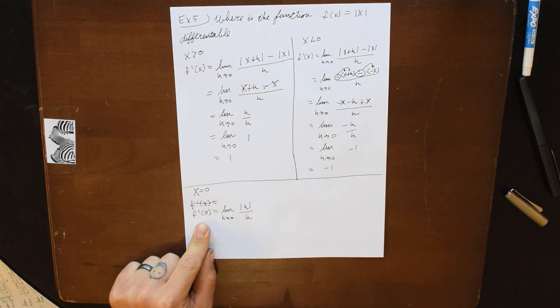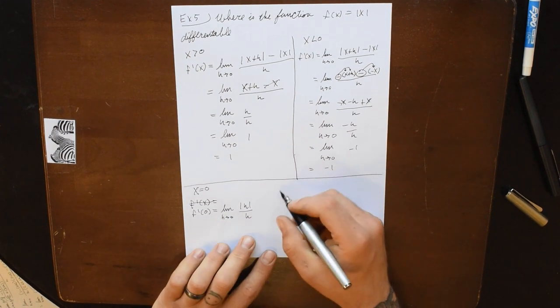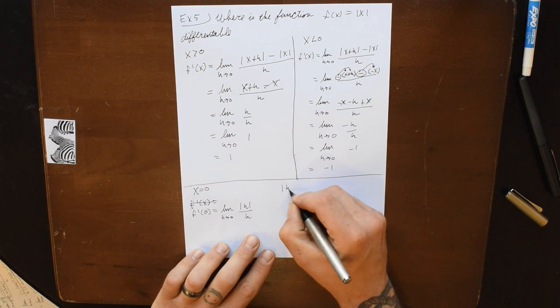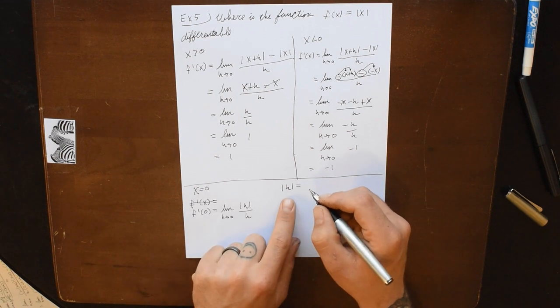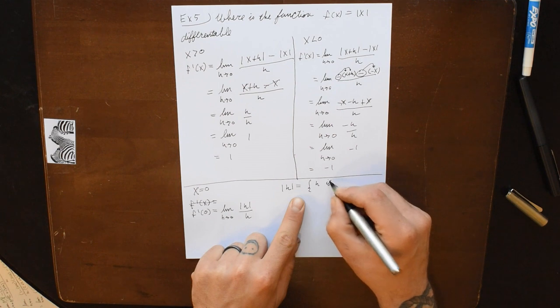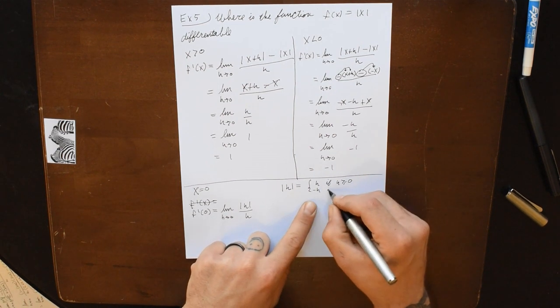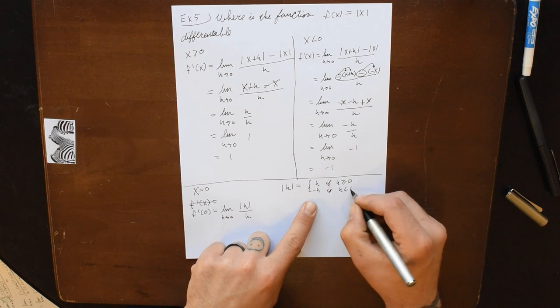So the derivative at 0 is equal to this. Well, the absolute value of any number h is going to be equal to h if h is non-negative, or negative h if h is negative.